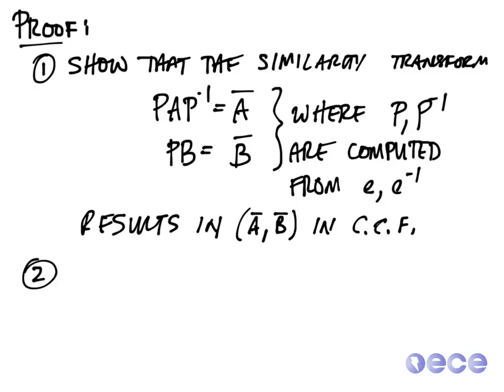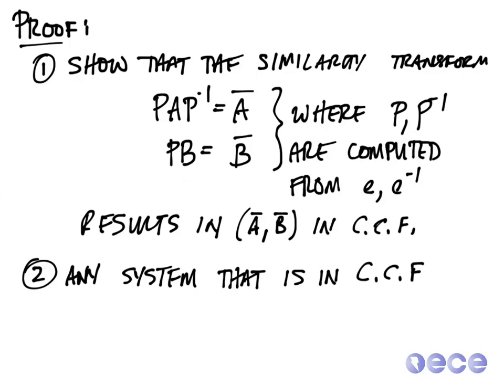Then we're going to show that any system that is in controllable canonical form is controllable.